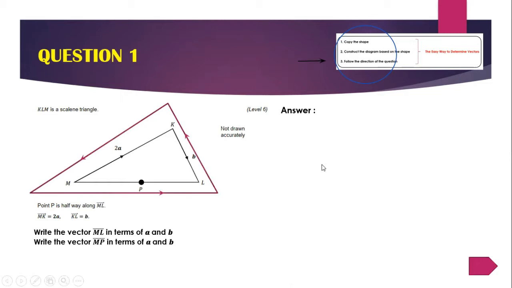You just copy the shape and then construct a new scalene triangle around the shape. And number three is to follow the direction of the question.